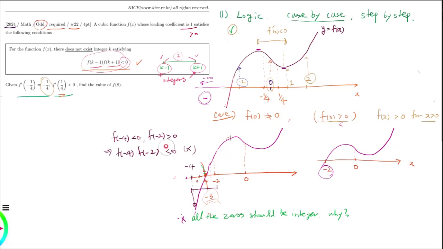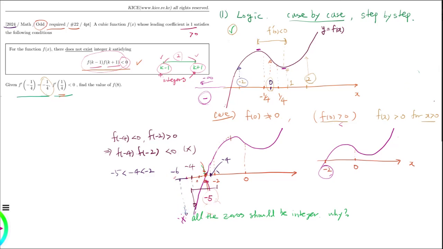Okay, so if we change the integer to another value, for instance negative 5 here, there will be negative 4 between negative 5 and negative 2, and there will be negative 6 on the left side of the graph.